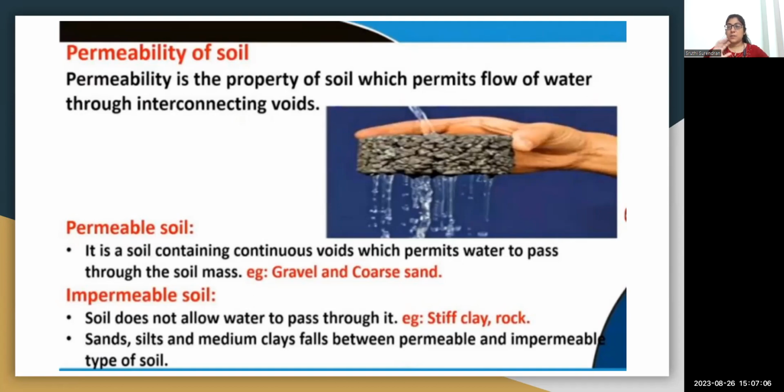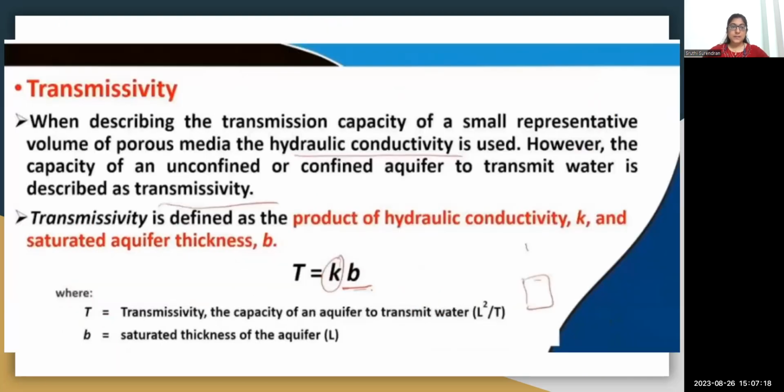So this is the property permeability, and in the last class, in Darcy's equation, we saw that permeability is represented by a term called hydraulic conductivity, represented by the letter K. Now transmissivity is when you consider a small volume of the porous media to quantify its capability of transmitting water.